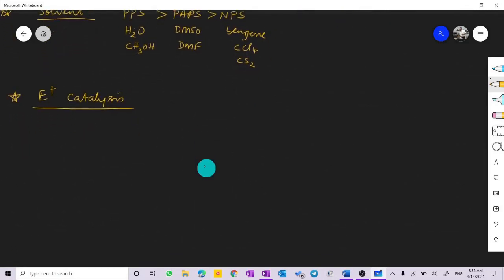Say, for example, if you take Me3CCl, tertiary methyl chloride, and add silver, which acts as a very good electrophile, it will try to abstract the chlorine. So the removal of the leaving group is facilitated by the presence of an electrophile like Ag+. Therefore AgCl removes this and facilitates the formation of Me3C+.